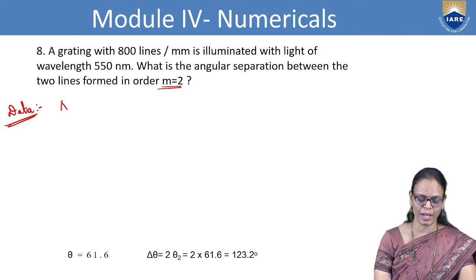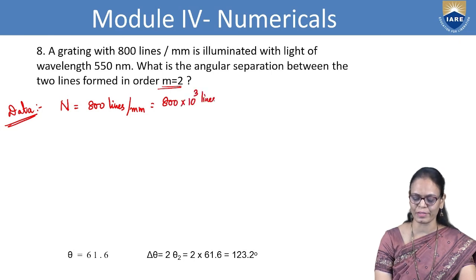Number of lines, capital N is 800 lines per millimeter, or 800 into 10 power 3 lines per meter, or I can write it as 8 into 10 power 5 lines per meter.